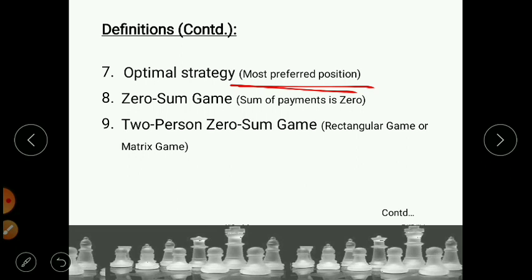Now, what is the payoff that we discussed? If you can recall from our previous lecture, payoff is nothing but the gains or losses. The gains can be positive or negative or zero, right? So the payoffs will get reduced if the strategy is not leading to an optimal strategy, and in turn it is getting deviated. Fine.